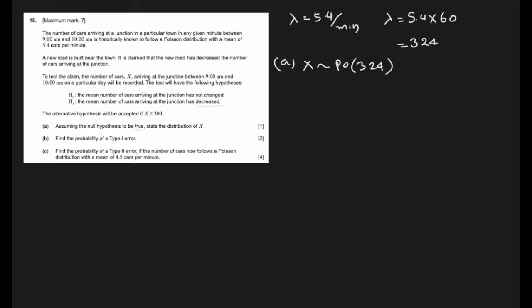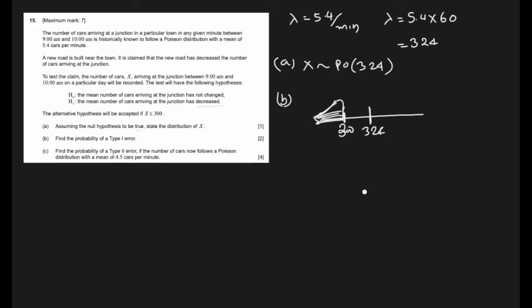B, find the probability of type 1 error. Okay, if this is the mean, which is 324, and we will say that the null hypothesis is false, it has decreased if it is less than 300, right? Alternate hypothesis will be accepted. That means null hypothesis will be rejected if it is less than 300. So this will create a kind of mistake here.